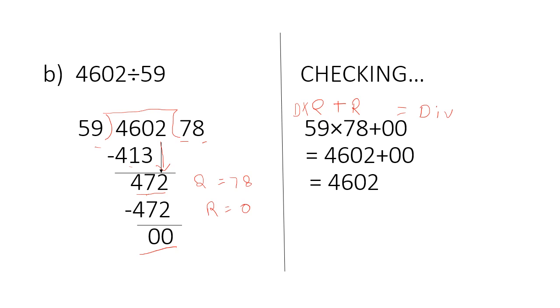So here divisor is 59, quotient is 78 and remainder is 0. So when you multiply 59 and 78, you get 4602 plus remainder, that is 0. So we get the same number 4602, which is equal to dividend. So our answer is correct.